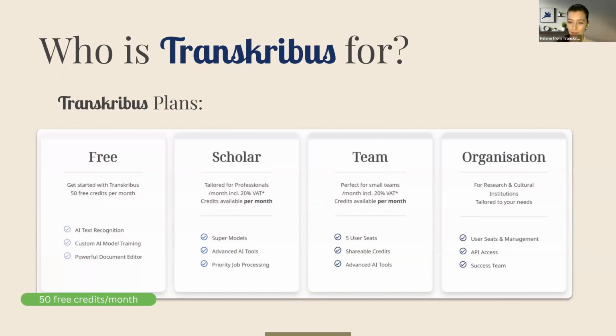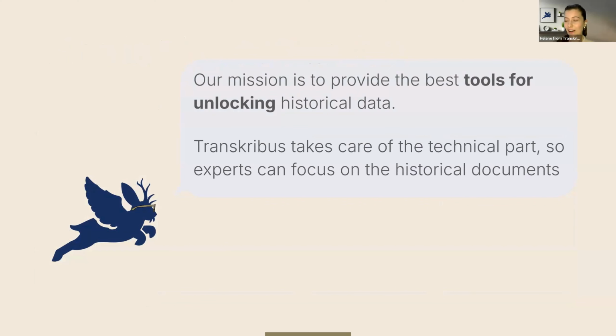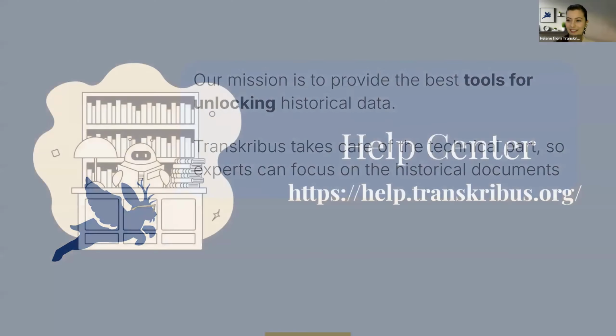They, for example, have access to the supermodels and more advanced and new AI tools that take more processing power. And we're constantly working on improving Transkribus and making new tools that make working with historical documents even better and even easier. Our mission is to provide the best tools for unlocking historical data so that the experts can take care of what matters, and that is focusing on the historical documents.